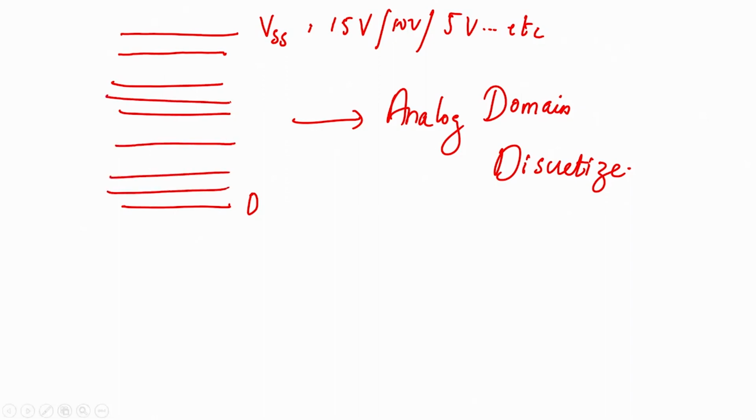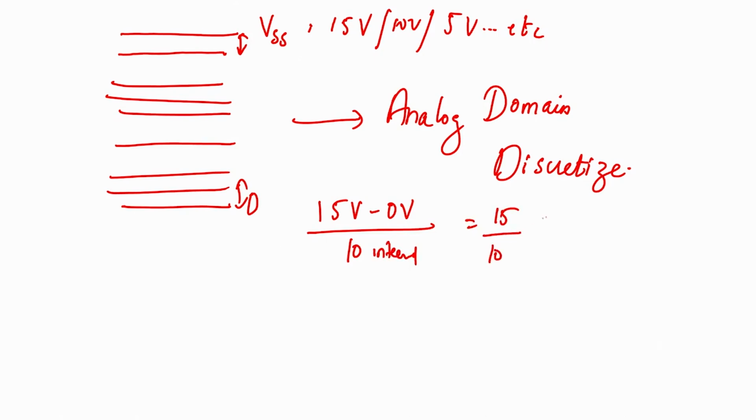Let us say we need 10 intervals. Then I need 15 volt minus 0 volt divided by 10 intervals, which is 15 by 10 equal to 1.5 volt. So, 1.5 volt is my interval value.